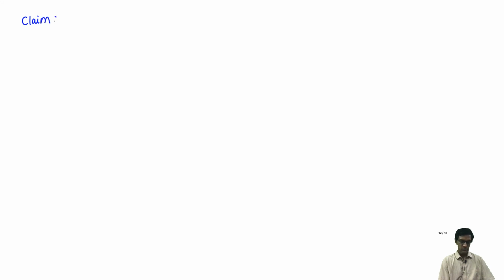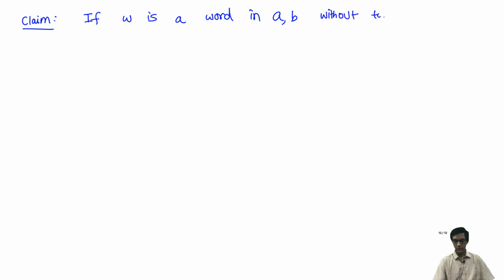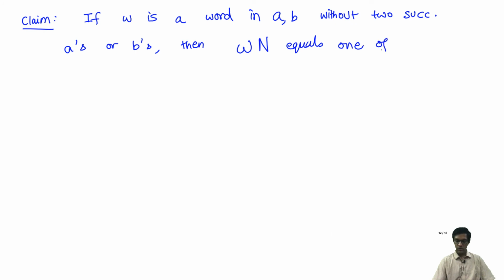Claim: if W is a word in A and B without two successive A's or B's, then the coset WN, so let's forget the brackets now, that WN coincides or equals one of the cosets 1 through 6.